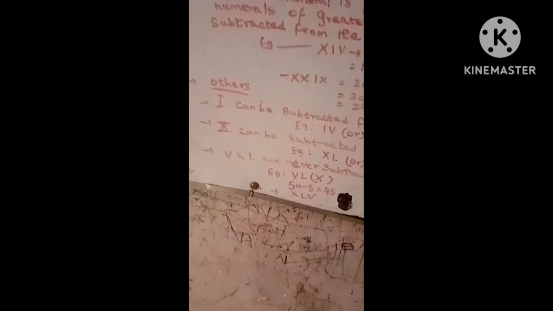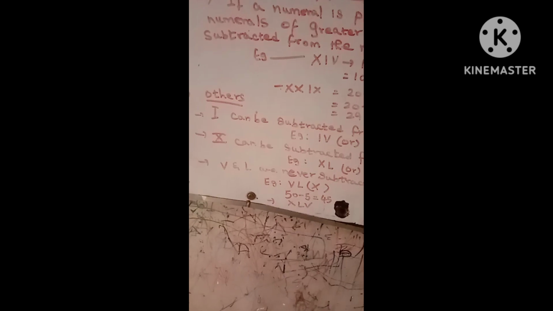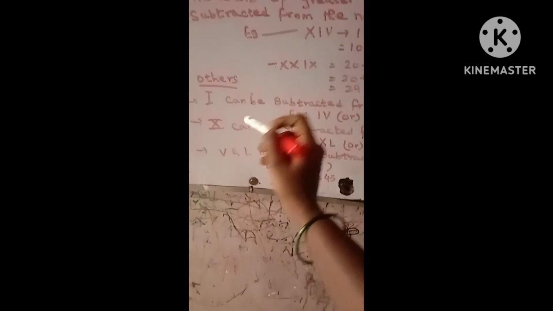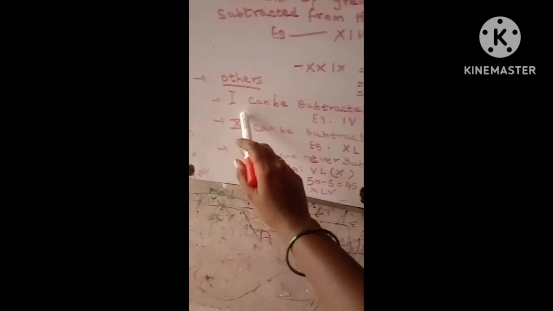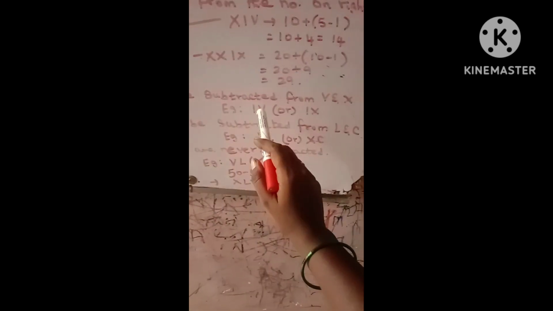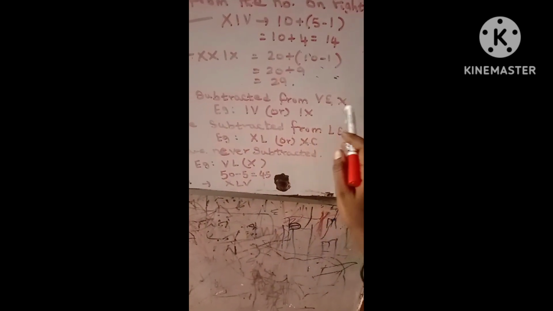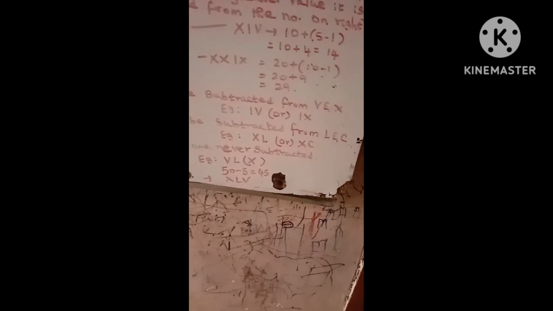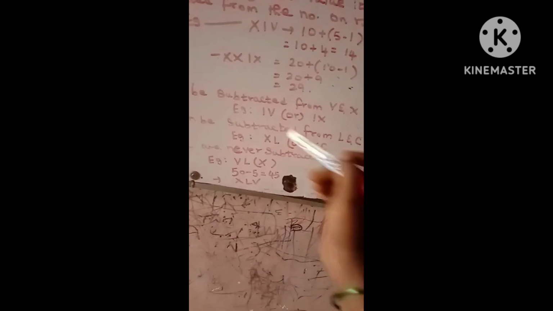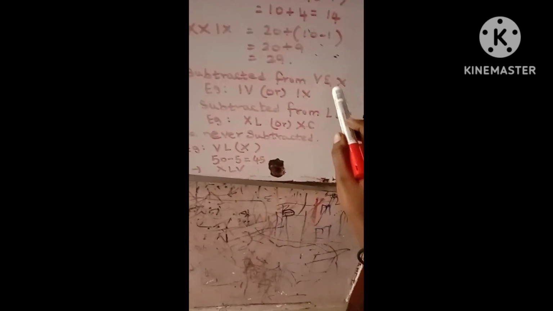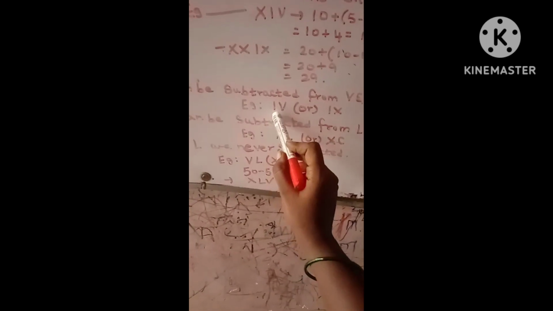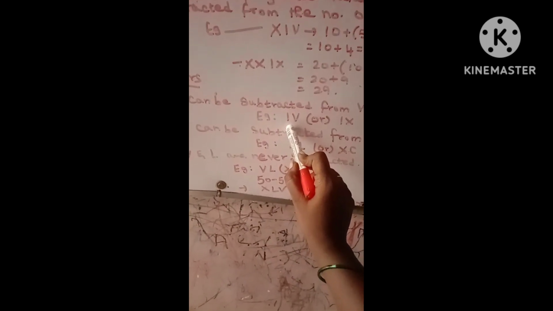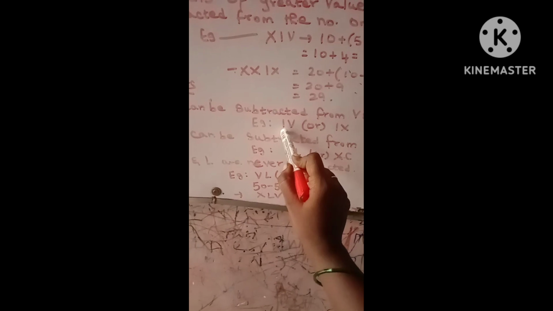And there are a few other points to be taught. Okay, so what are they? 1. Okay, I can be subtracted from V and X. That means I can be subtracted from V and X. That is, we can write it as I V. It means IV.